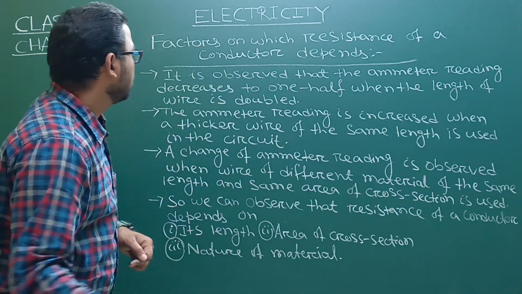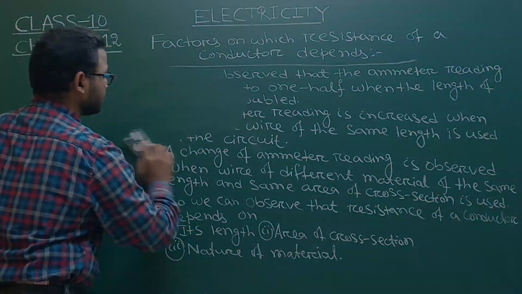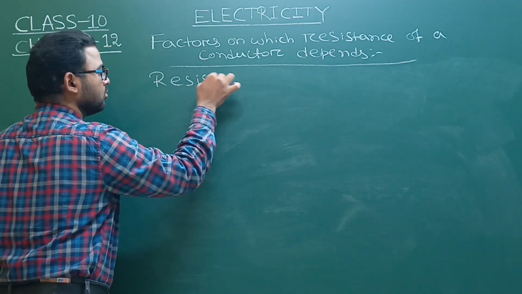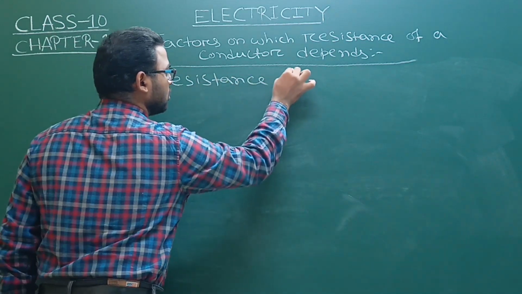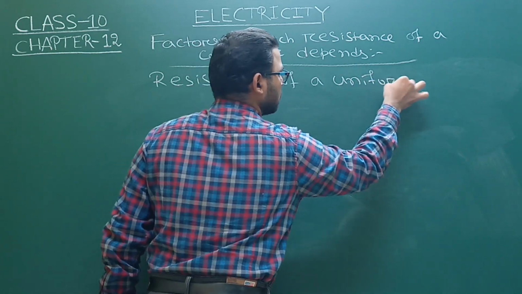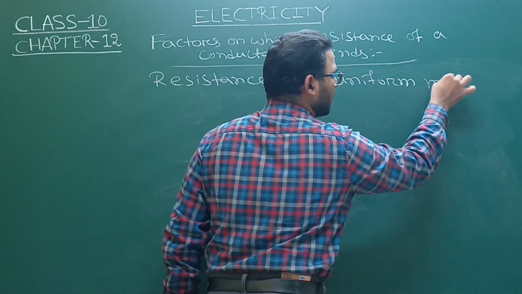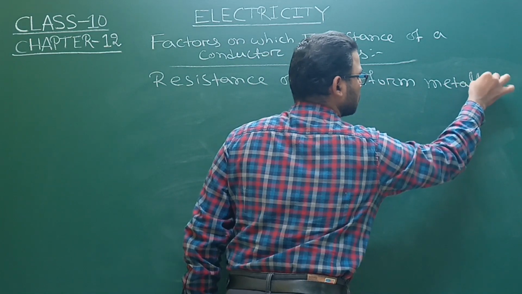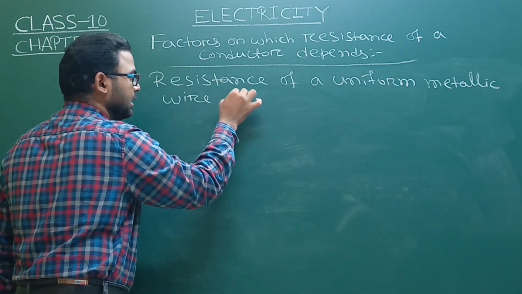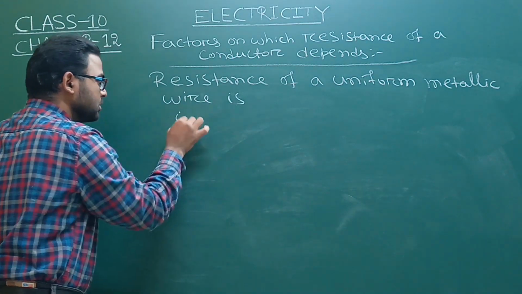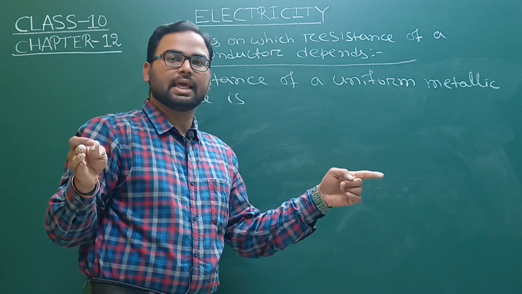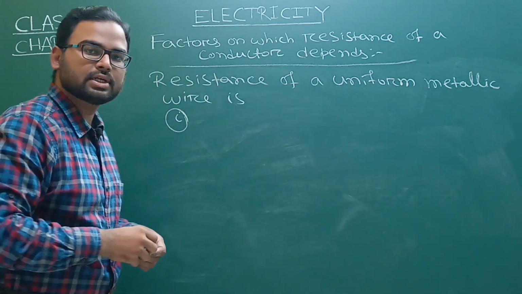Okay, so we can conclude that the resistance of a uniform metallic wire is, first point, directly proportional to length, because if we increase the length then resistance also increases.